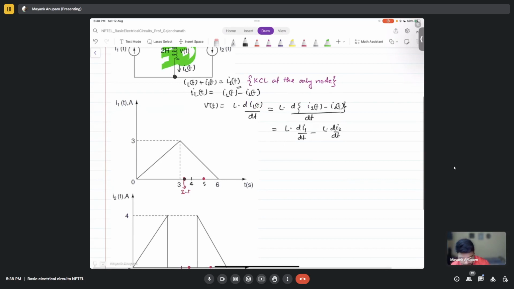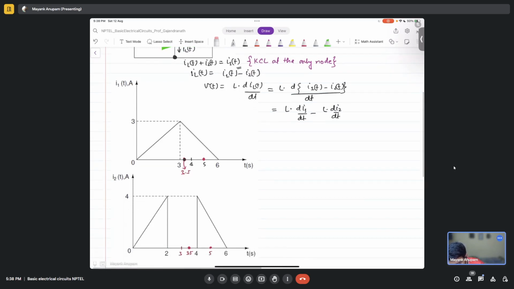How did you find it out? Sir, it is decreasing. The change in y is negative, correct, divided by the change in x. So basically you have to find the slope at this point, right? Slope at this point.